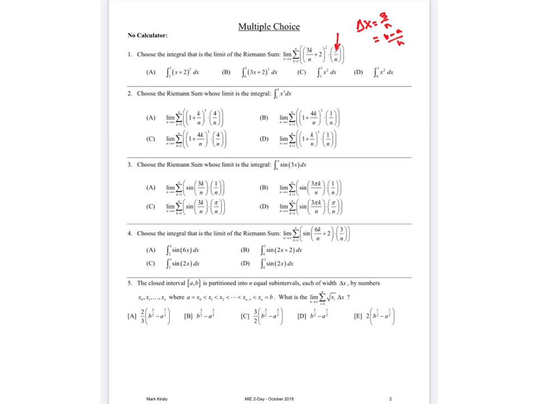Then I go to this particular piece of information. This has 3k over n plus 2, and that all is getting squared.